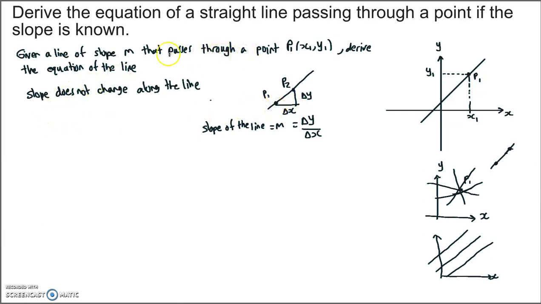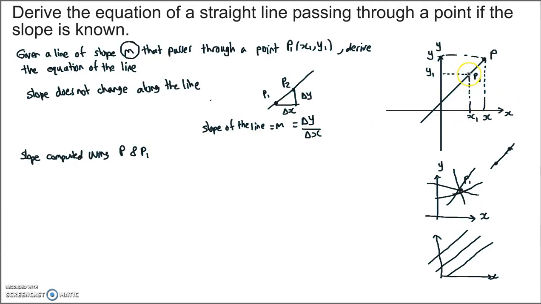So in our problem here, we're given that slope m. We know what that slope is. And we're given a single point P1 that lies on that line. So to derive the equation, we'll pick another point, a general point on the line, and we'll give it coordinates x and y. So the slope computed using P and P1. P1 is the point that we were given.